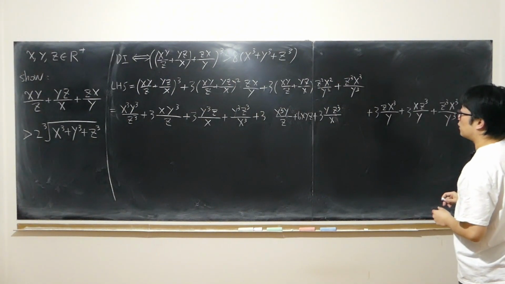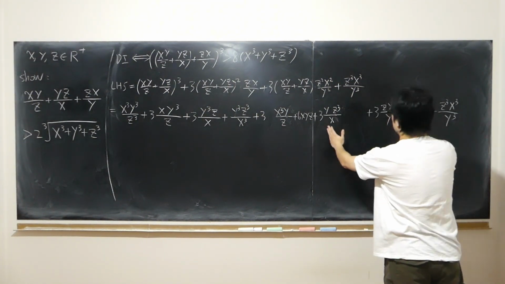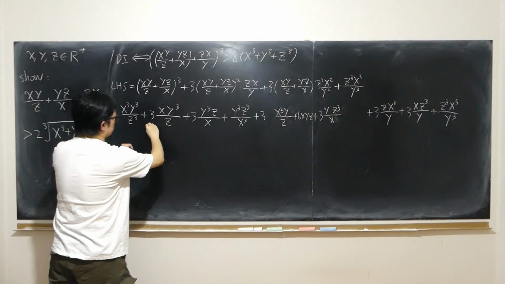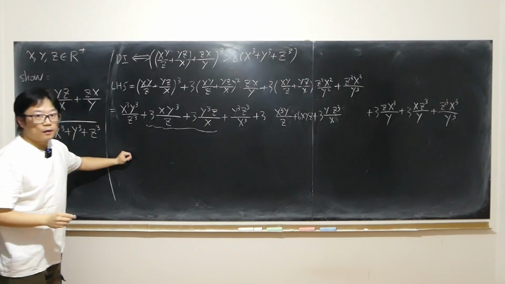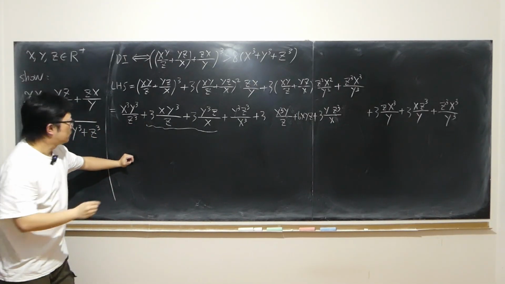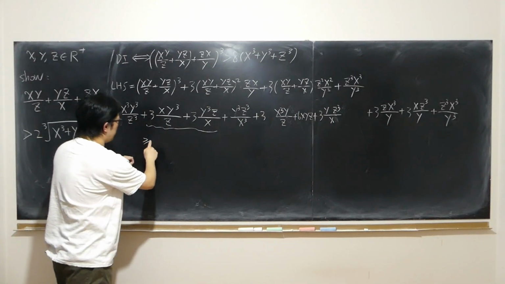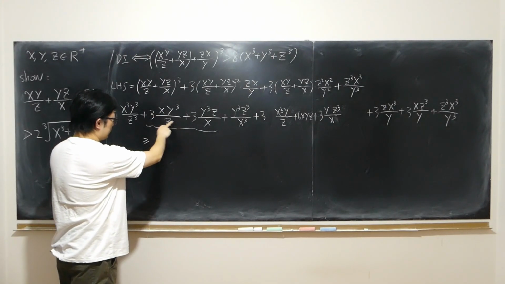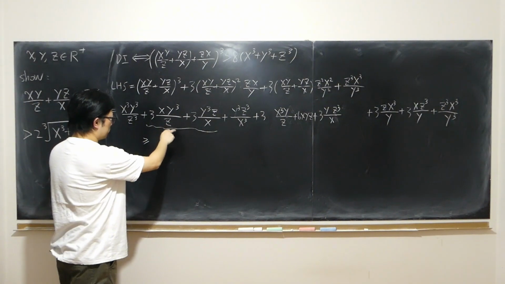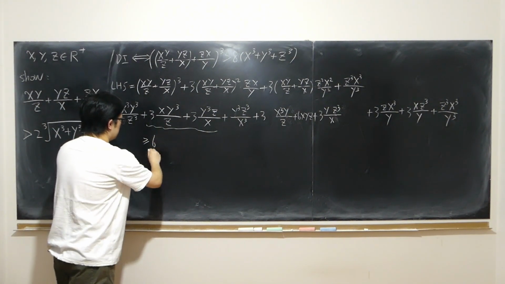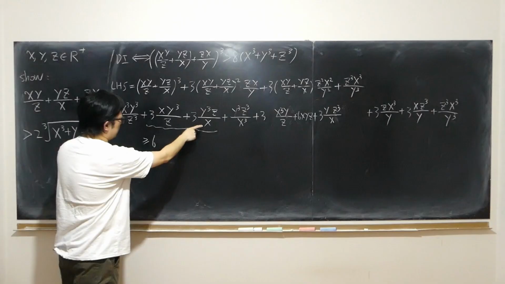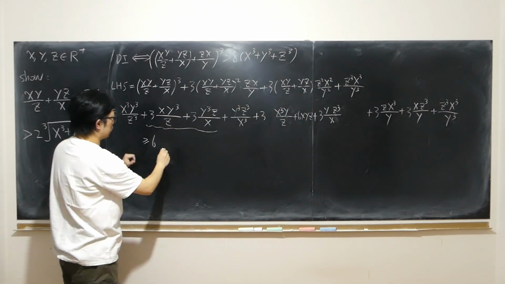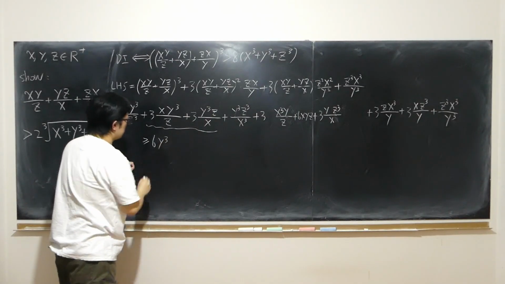Then we focus on these 2 terms and these 2 terms. First of all, these 2 terms, applying the AM-GM inequality, are greater than or equal to twice the square root of the product of those 2. 3 times 3 is 9, square root of that is 3, 2 times 3 is 6. So this x cancels out, z cancels out, y to the 6, square root of that, so y cubed.